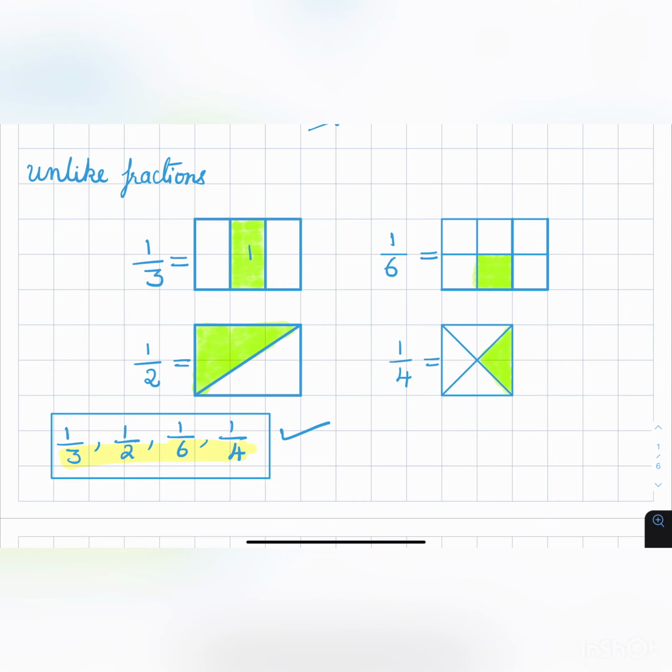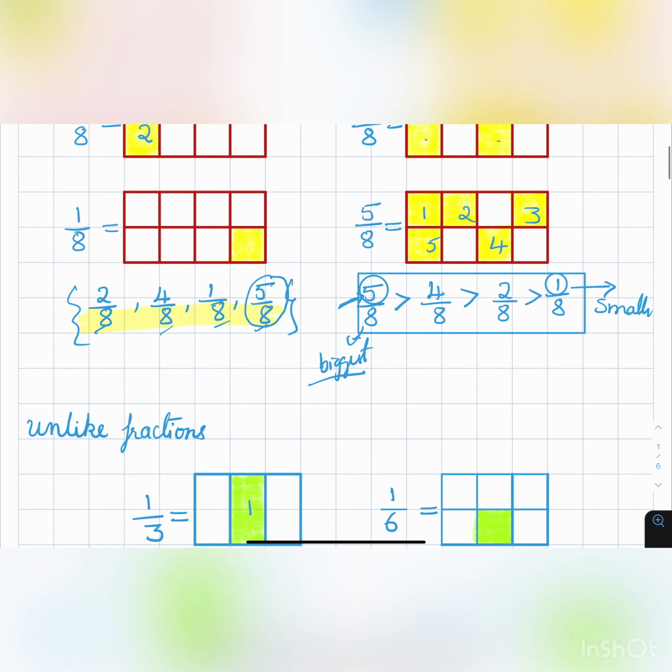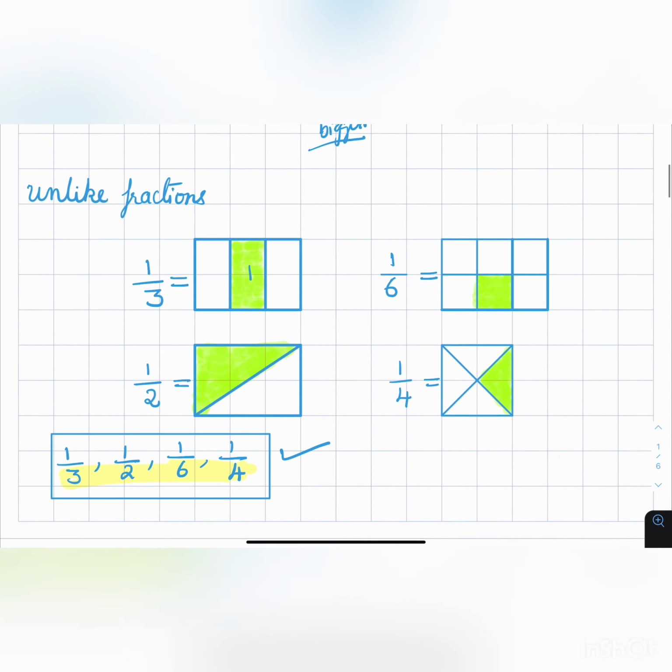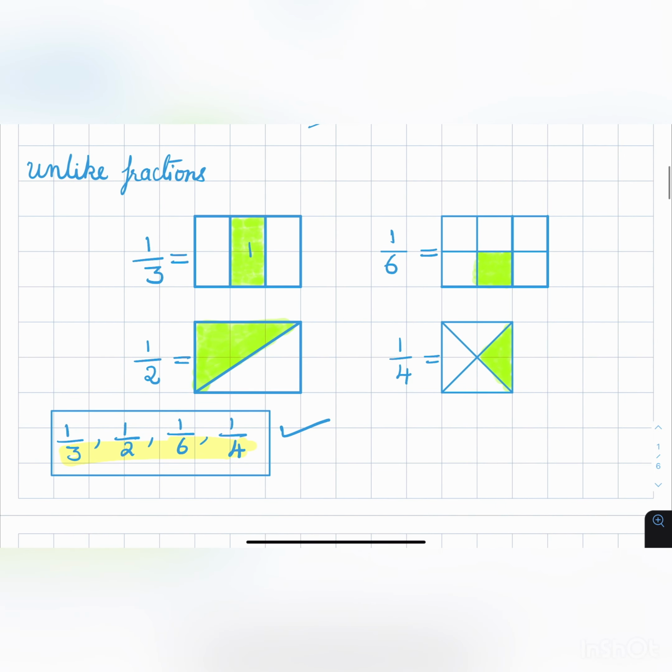How do we find out? It is easy in the case of like fractions, where the biggest numerator tells us the greatest fraction in the given fractions. Now in the given fractions, which is the greatest fraction?